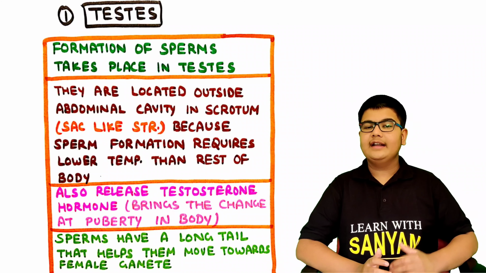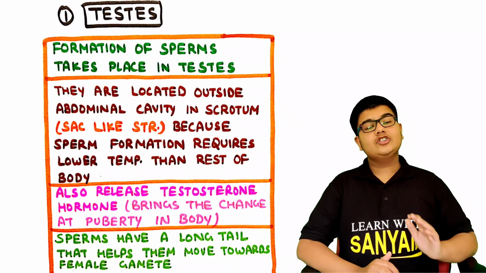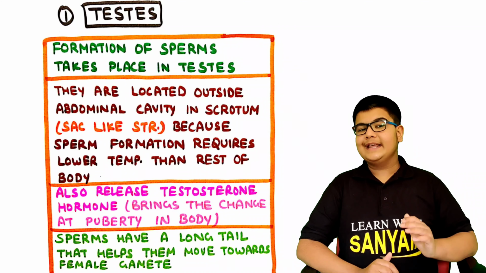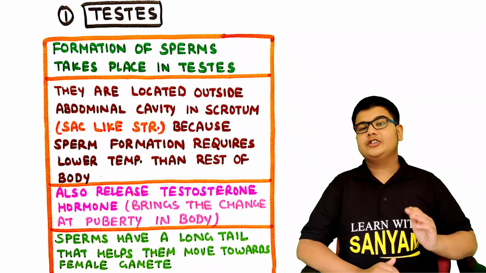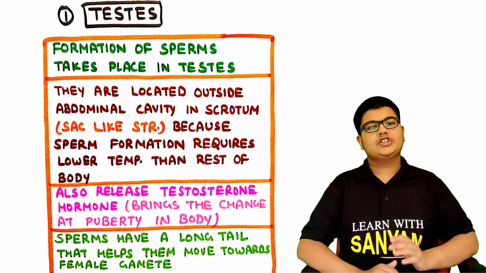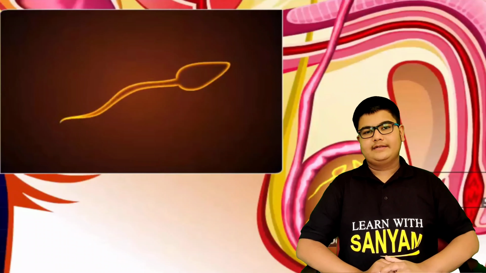That's why they are located outside the abdominal cavity. Also, they release the testosterone hormone, which brings the changes at puberty and is also responsible for the regulation of the production of sperms. The sperms have a long tail that helps them to move towards the female gamete.